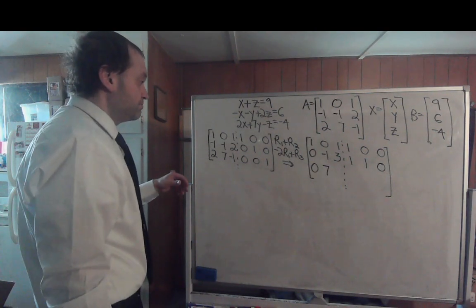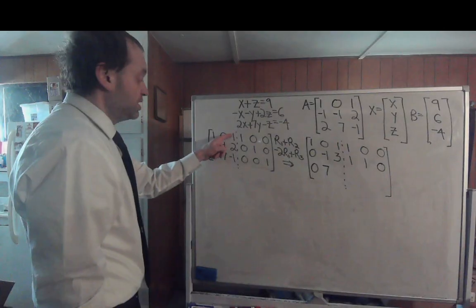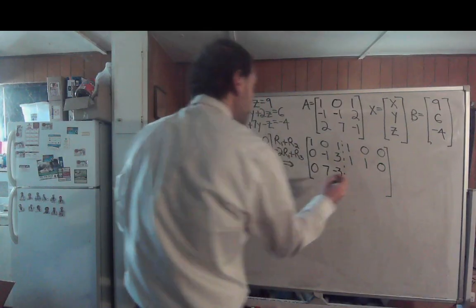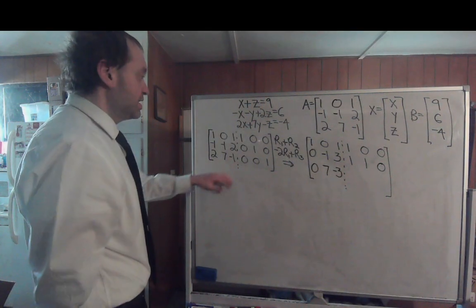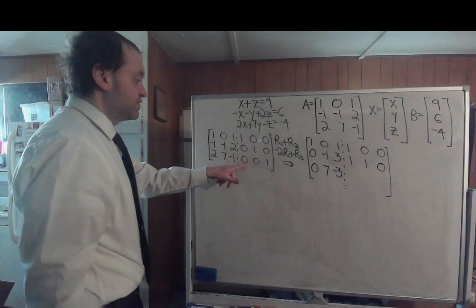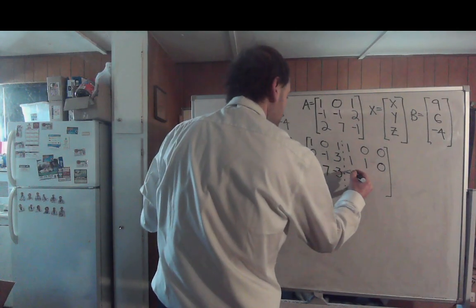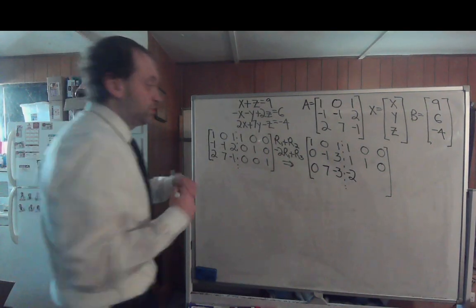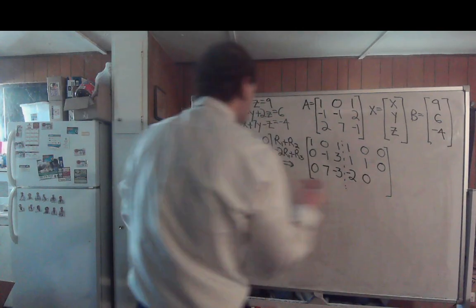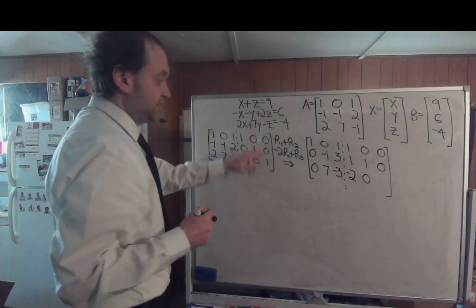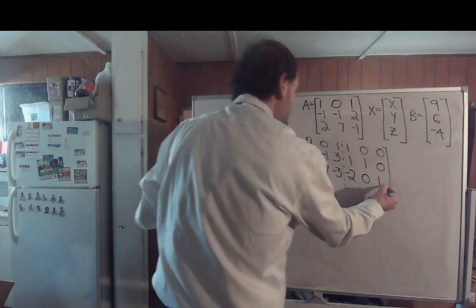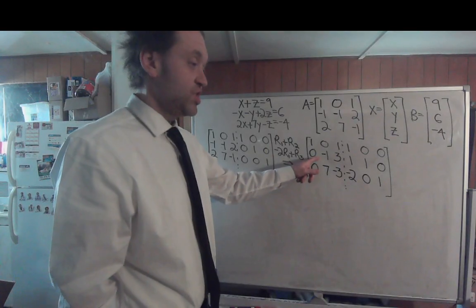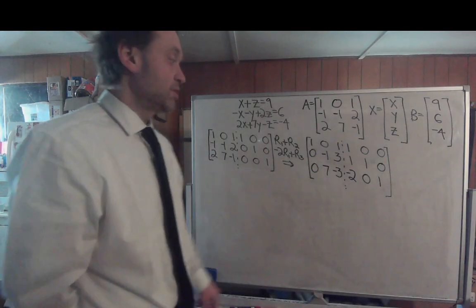And then negative 2 times 1 is negative 2, minus 1 is negative 3. Alright, then negative 2 times 1 is negative 2 plus 0 is negative 2. Then negative 2 times 0 is 0, plus 0 is still 0. Negative 2 times 0 is 0, plus 1 is 1. Alright, so we have the first digits in rows 2 and 3 as a 0.